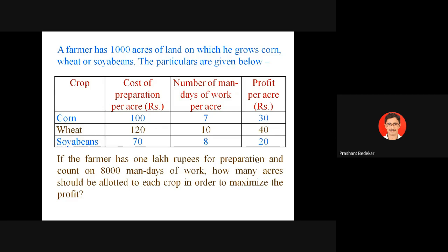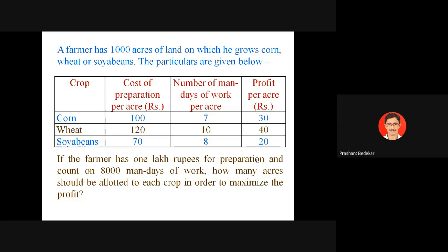A farmer is having 1,000 acres of land in which the farmer grows corn, wheat, and soybean. The profit contribution is given, and the cost of preparation of land per acre and number of man days per acre is also given. You have to find out the amount that the farmer can spend.